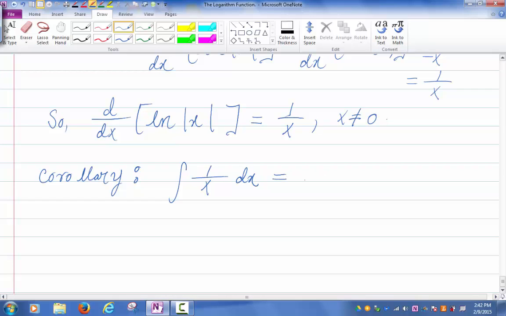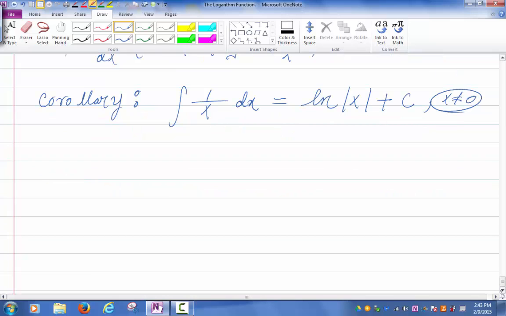The antiderivative of 1 over x would be ln of absolute x plus c, because the derivative of ln absolute x is 1 over x. So here, of course, x is not 0.